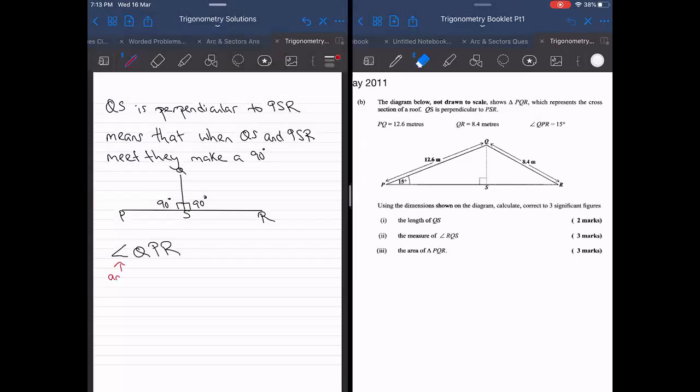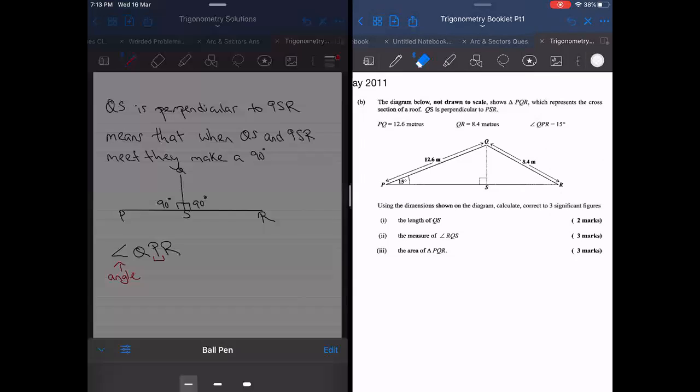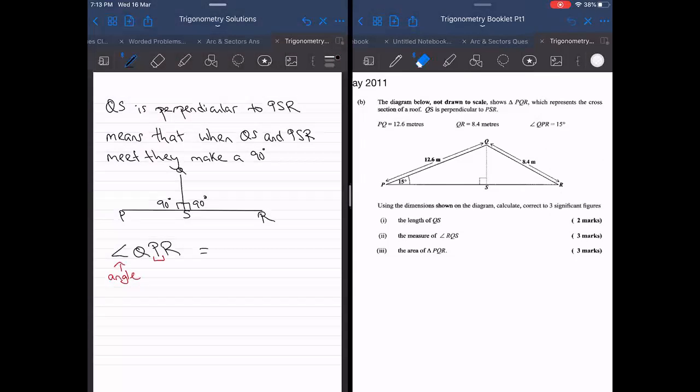That symbol means the angle, and the angle is always in the middle. So this is saying the angle at P, in between Q and R.